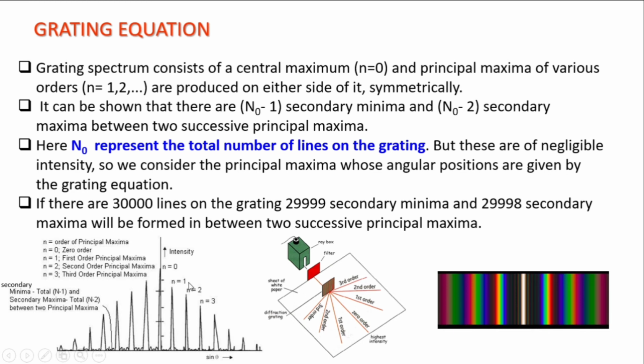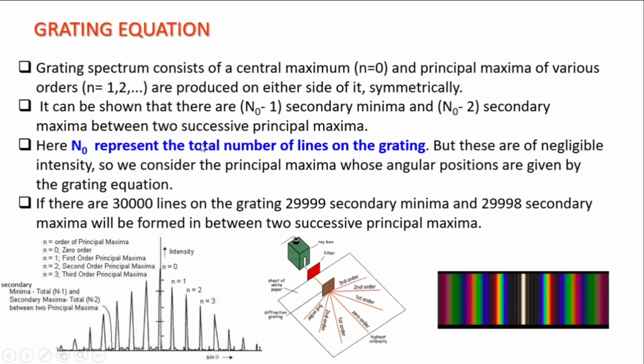For n is equal to 1, it is called the first order principal maxima. n is equal to 2 is called the second order principal maxima. n is equal to 3 is called the third order maxima. The first order and higher principal maxima are produced on either side of the central maxima symmetrically. You can observe that.